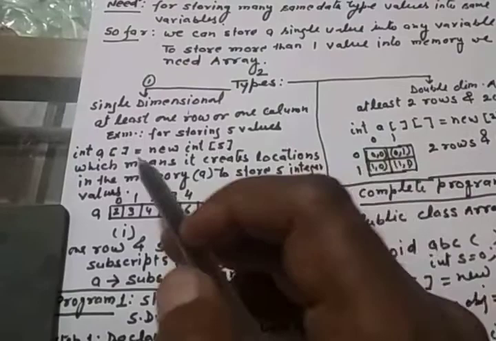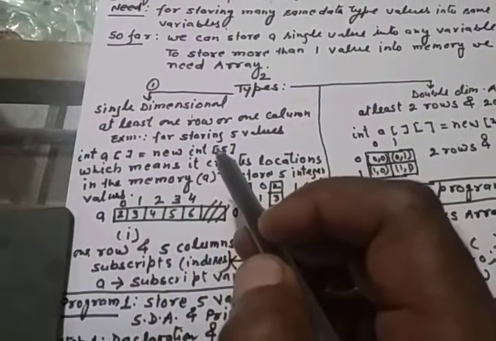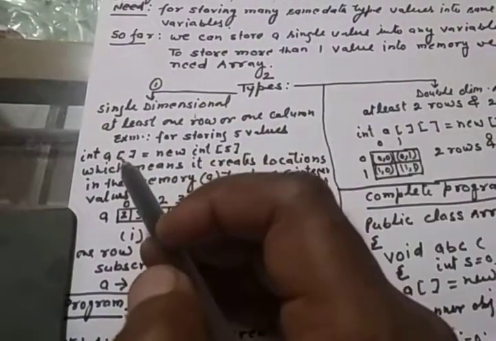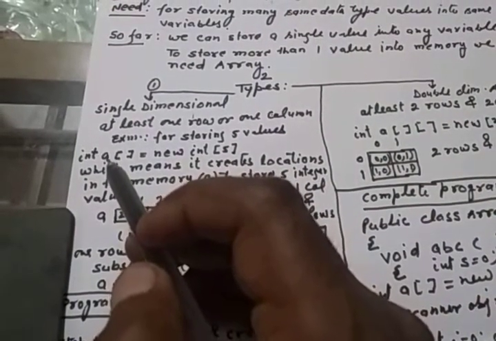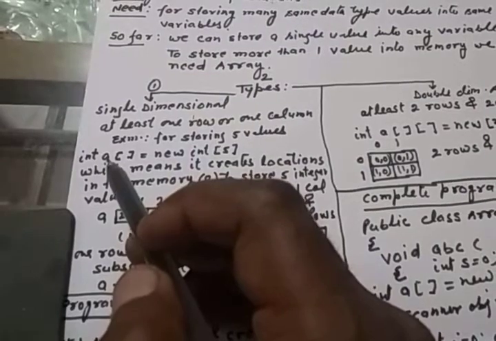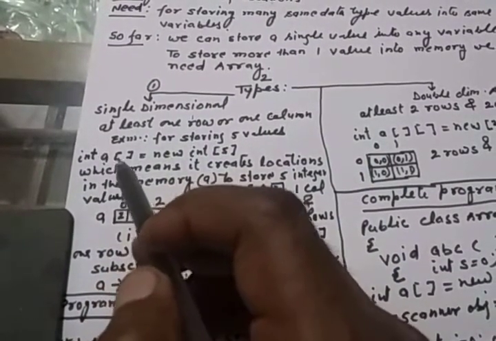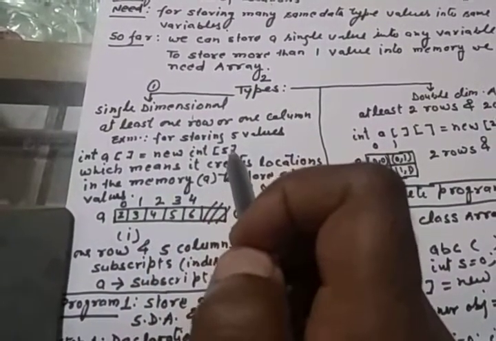Array name means memory variable, and then these square brackets, is equal to new int, and within brackets 5. So what is the meaning of this? If you want to store 5 integer values into memory variable A, or you can say in an array A, we have to write the statement in such a way.